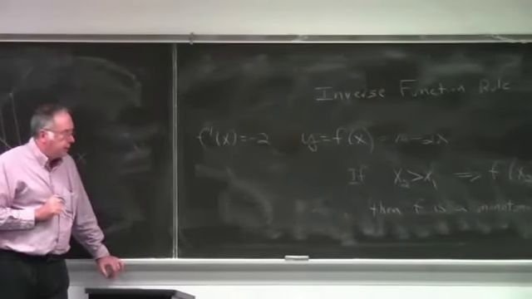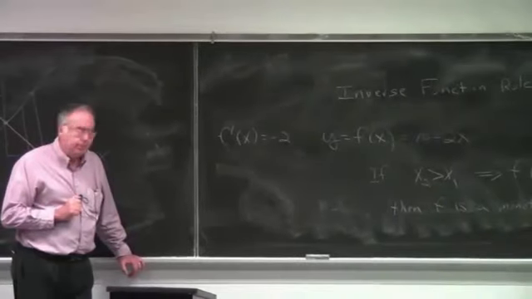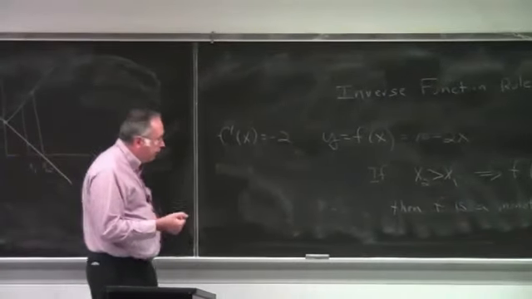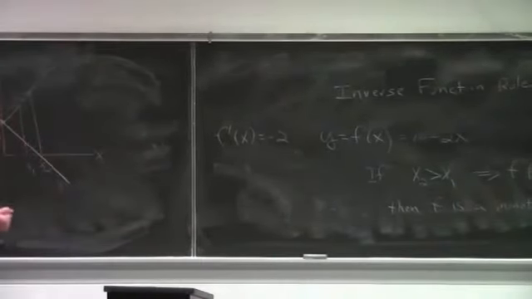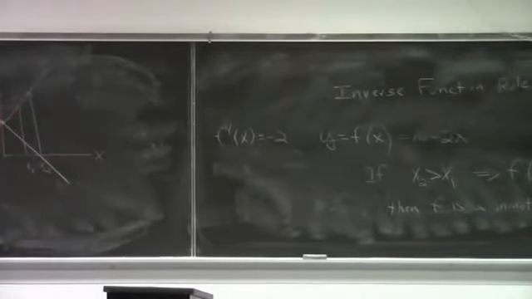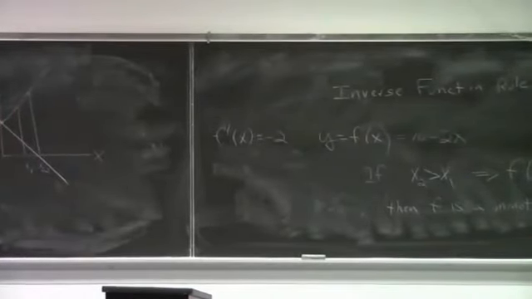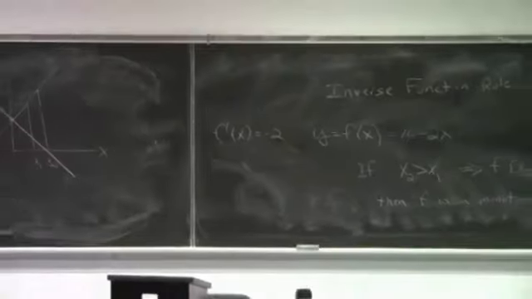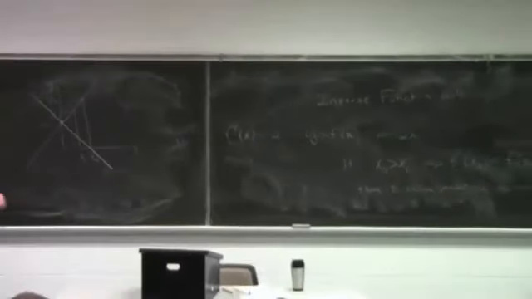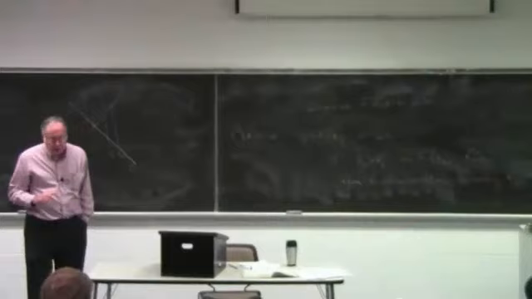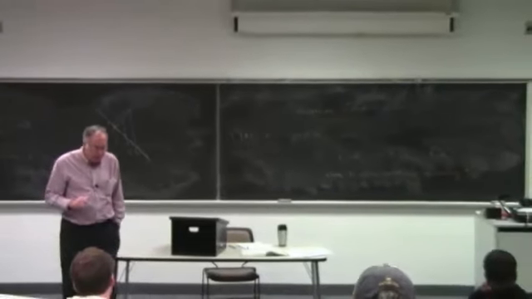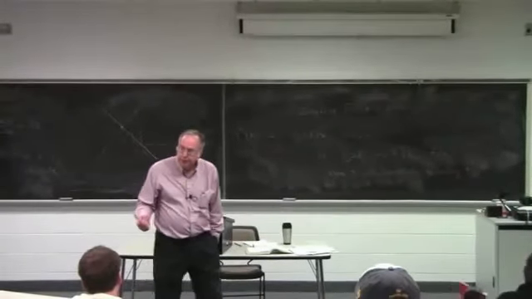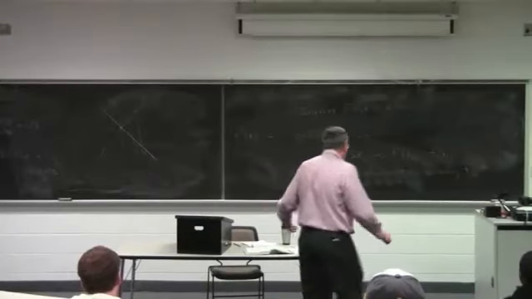So this means it's a monotonic decreasing function. For y equals 10 plus 2x, the derivative is always +2. It's always positive. That means it's a monotonic increasing function. So linear functions are easy to establish whether they are monotonic increasing or decreasing. Just take the first derivative.